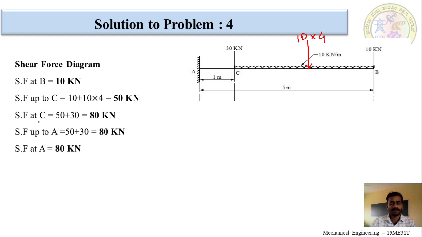Now, what is the shear force value at C? When you are considering shear force at C, we have to consider this load also, which acts on the point C. So, the previous value 50 plus 30 is equal to 80 kilonewton at C. Now, we will move on to the next point, that is A. Shear force up to A is again the same 80 kilonewton, because there is no load between C and A. Hence, shear force up to A is also 80 and shear force at A is also 80 kilonewtons.